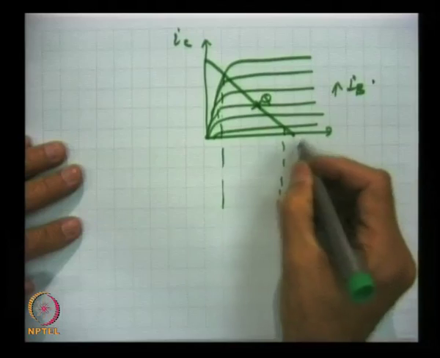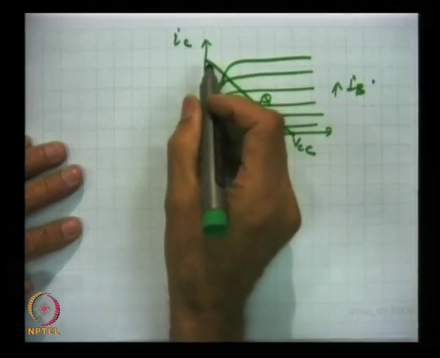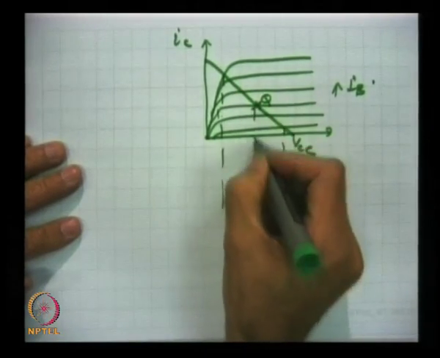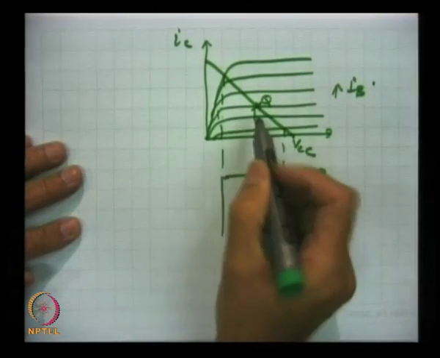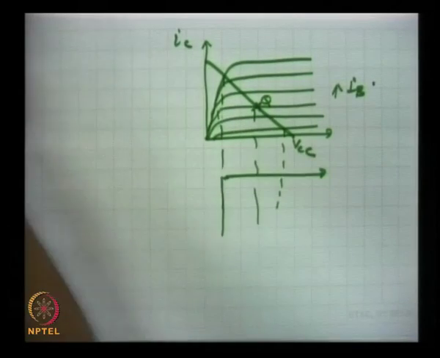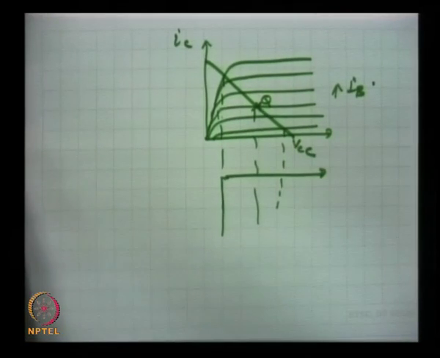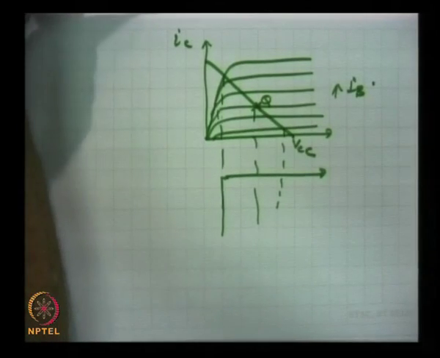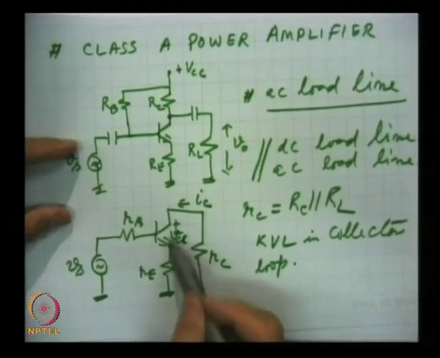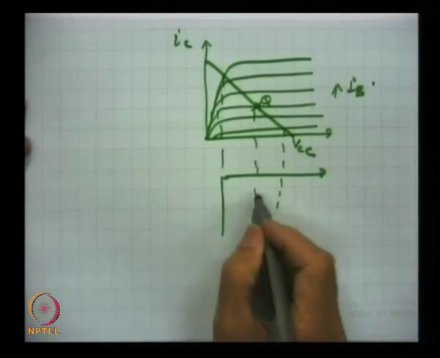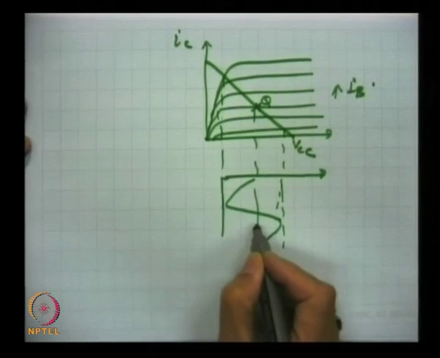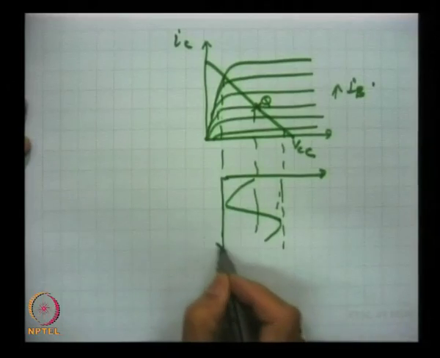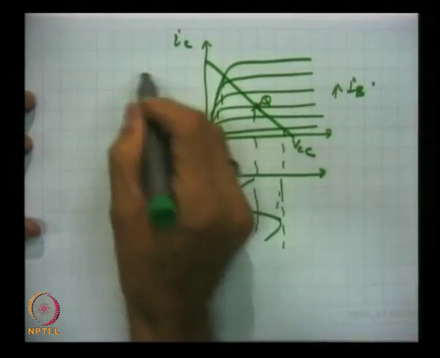This is VCC, and this is how the voltage across this transistor will vary. This is this way, and accordingly the current will vary.